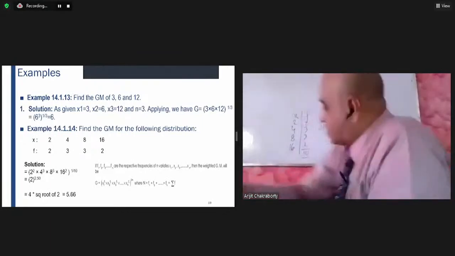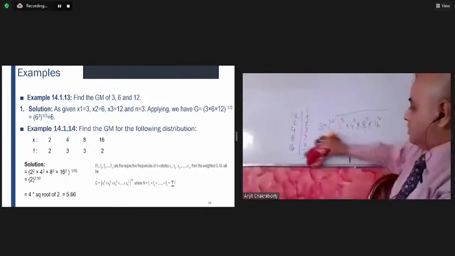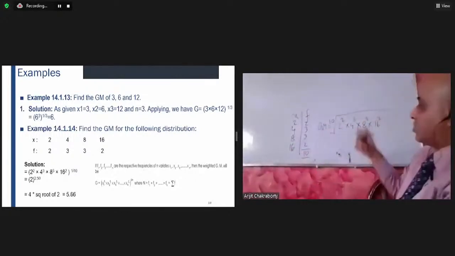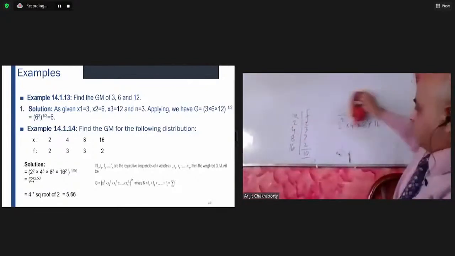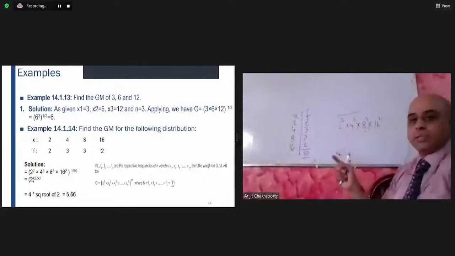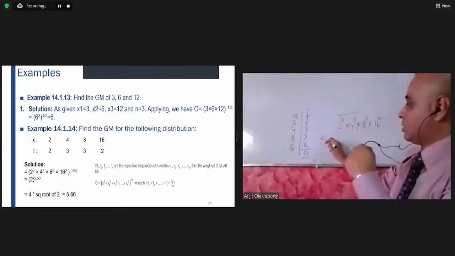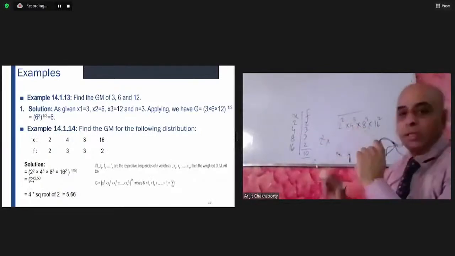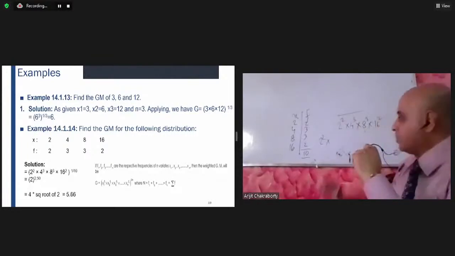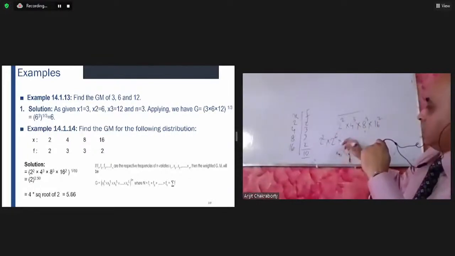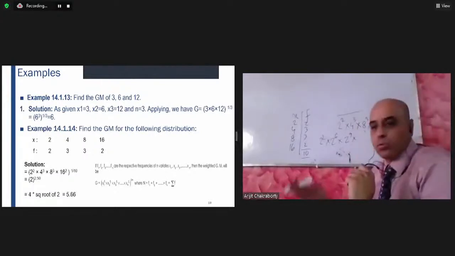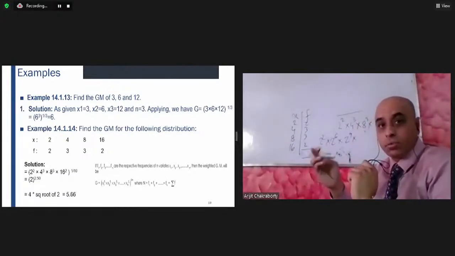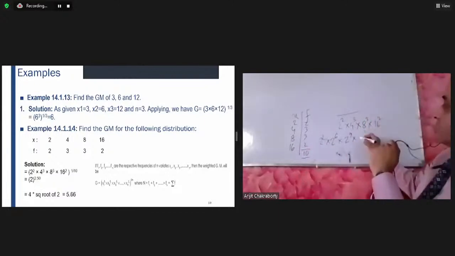Let us see what happens if I break each of these into powers of 2. 2 square is 2 square. 4 cube means 2 to the power 6. 8 is 2 cube, so 8 cube is 2 to the power 9. 16 is 2 into 2 into 2 into 2, 2 to the power 4, so 16 square will be 2 to the power 8.